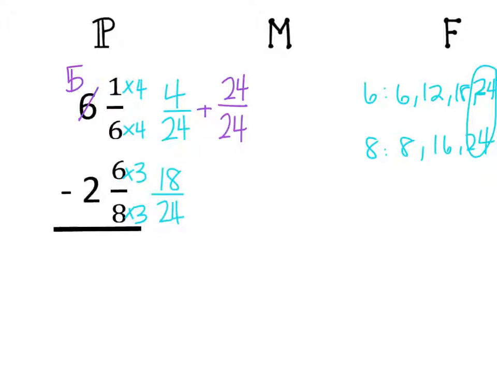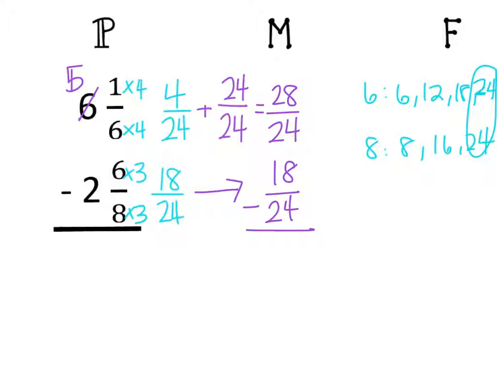I'm going to sandwich them back together. So 4 plus 24 is 28. Keep the same denominator. And now I'm able to come over here and subtract 18 24ths because I have the same denominator, and I can say 28 minus 18. That equals 10, and I'm going to keep the same denominator.